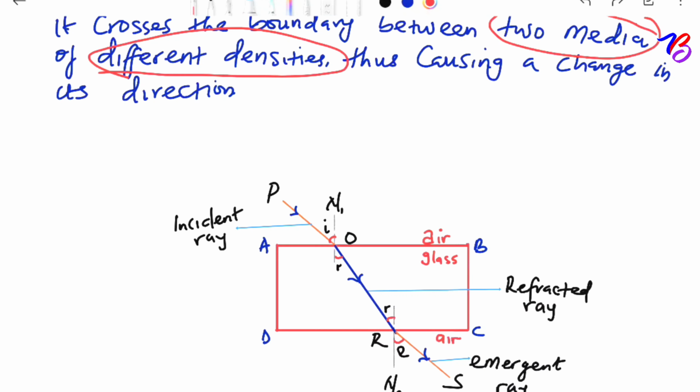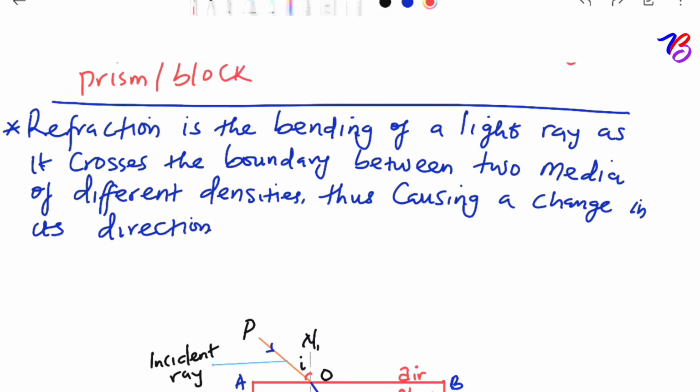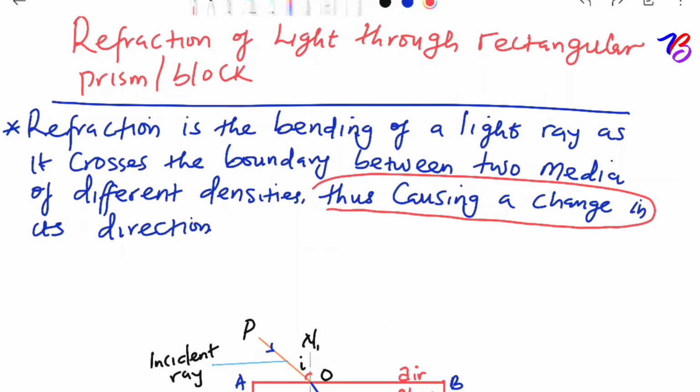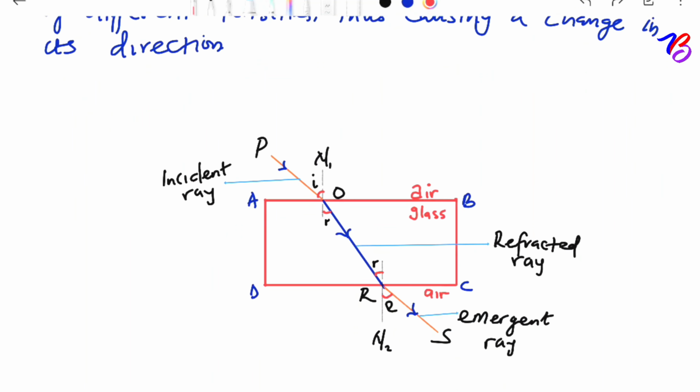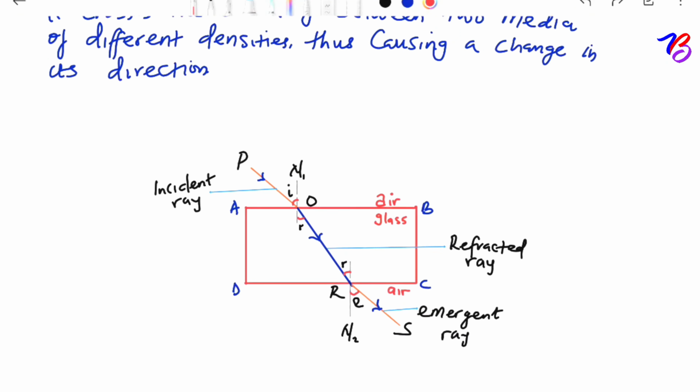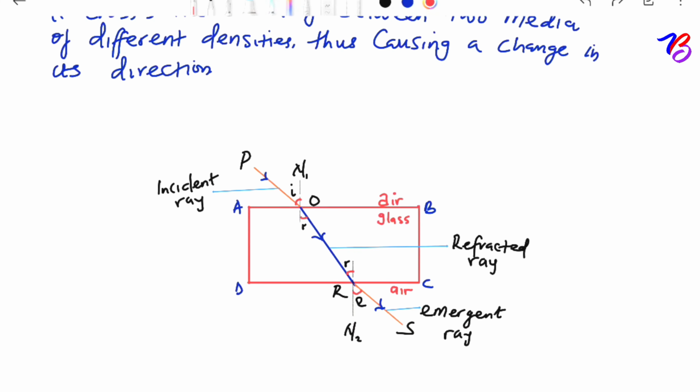Air has its own density, glass has its own density. So thus causing a change in its direction. So this change in its direction is the bending. Is the bending. So the light comes from P, enters through the glass prism, and comes out and becomes S. Are we together? So please, basically, this is the interpretation.